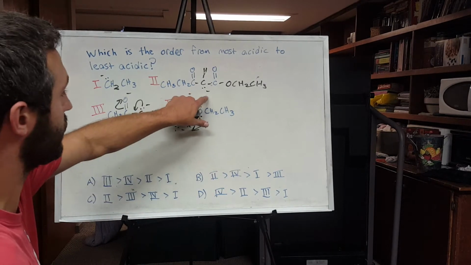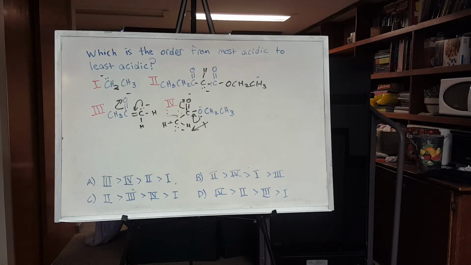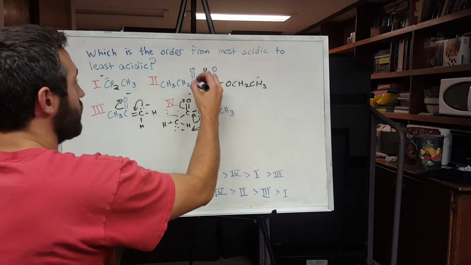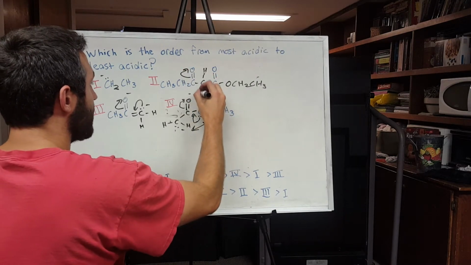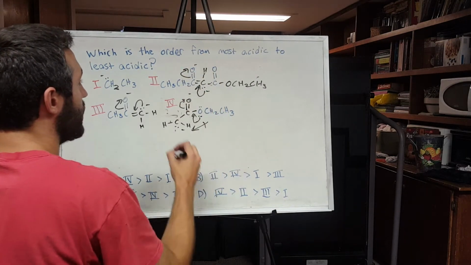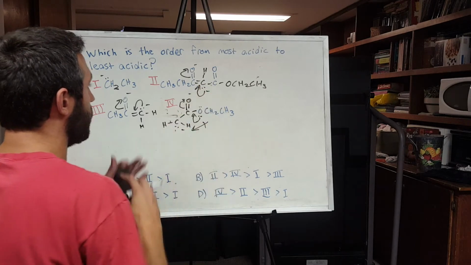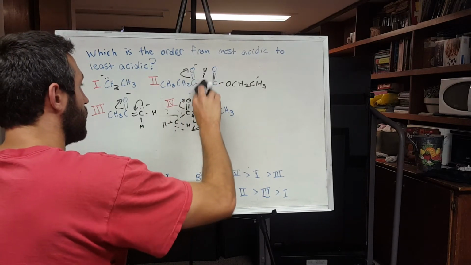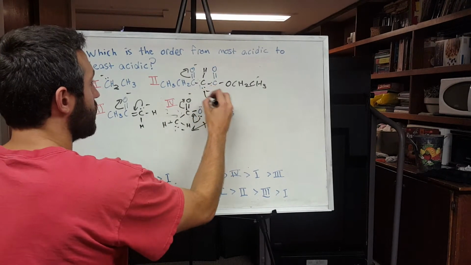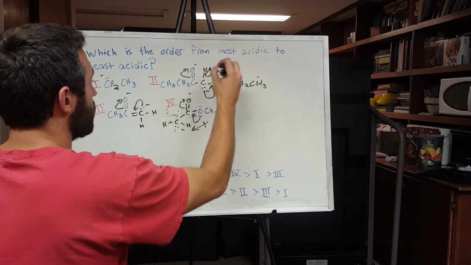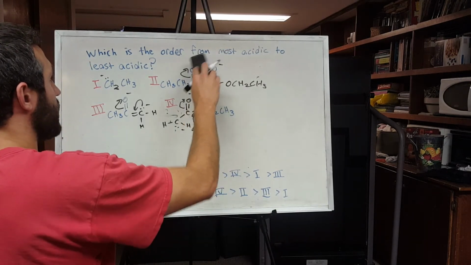So this is going to be the most acidic. Let's see if we can show it through resonance. We could delocalize it to the left and get a minus charge there. We could also delocalize it to the right. So we can withdraw electrons to both sides.